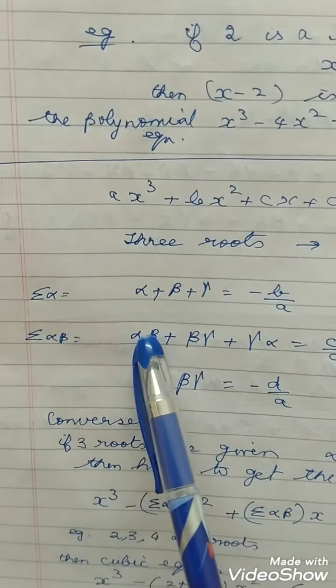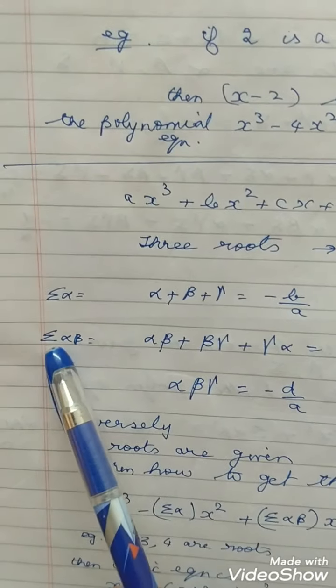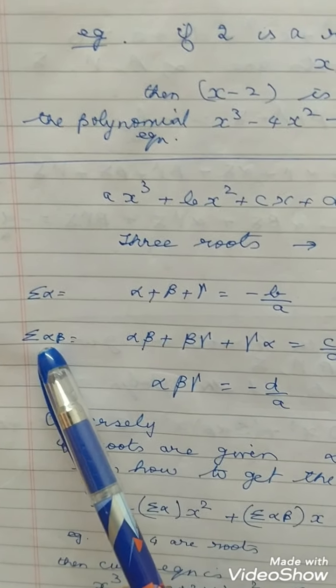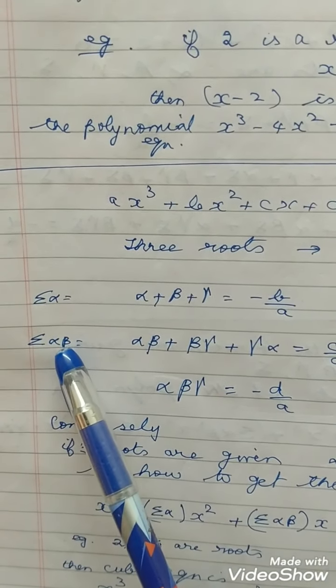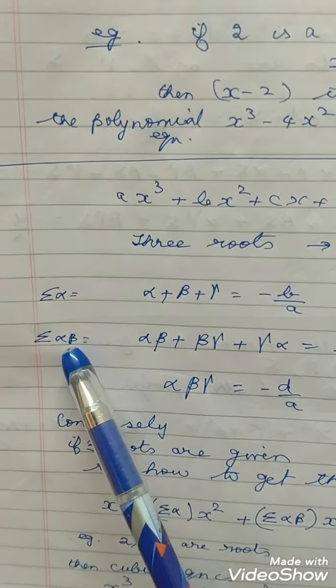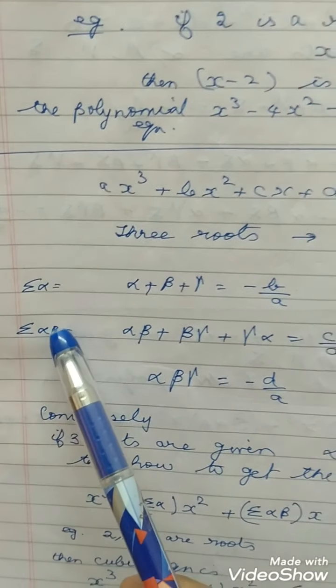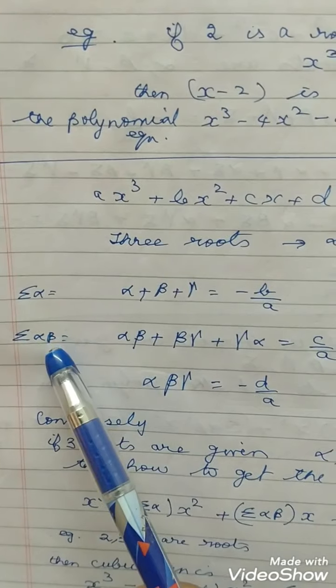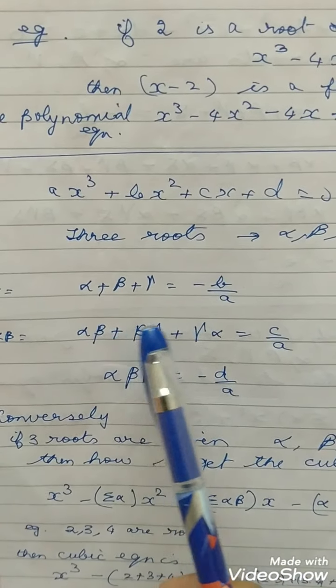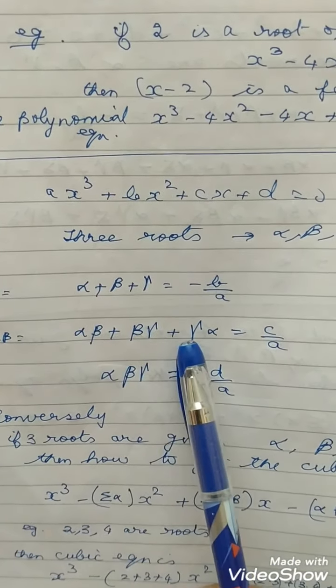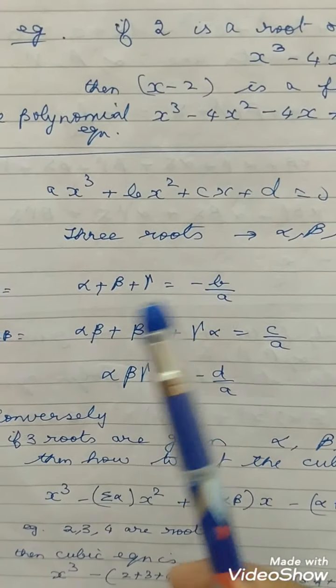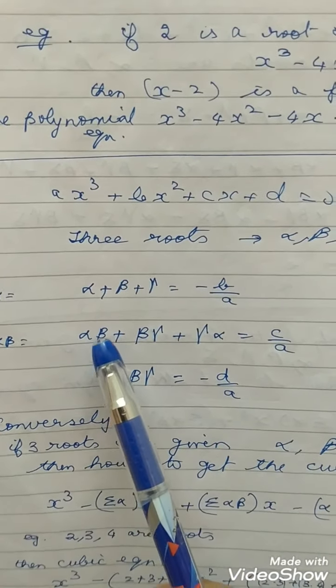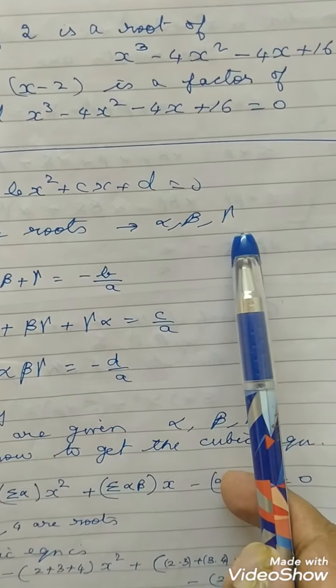Alright? The next one is the summation of the product of the roots in pairs. So what are the roots here? Alpha, beta, gamma.